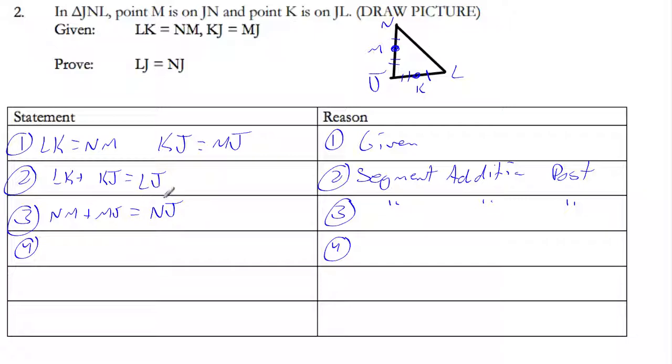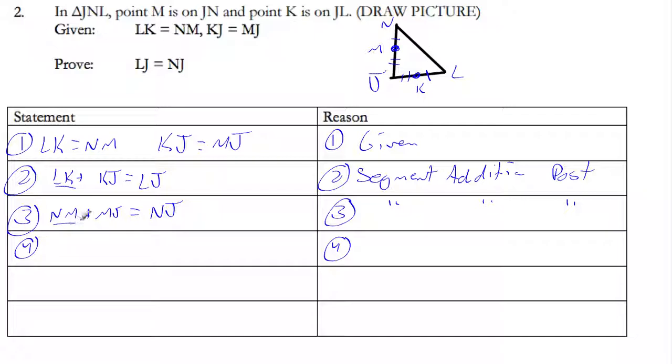Okay. Now, knowing that LK is equal to NM, I can use that in sort of a subtraction piece. So I can use substitution. LK is equal to NM. That is given. So notice how this equation has an LK and this equation has an NM.